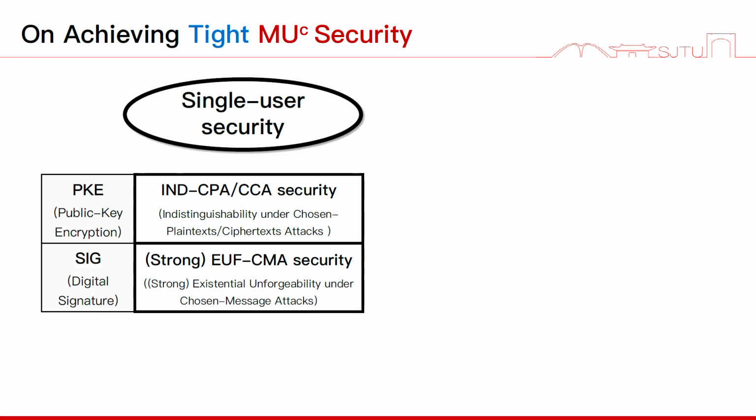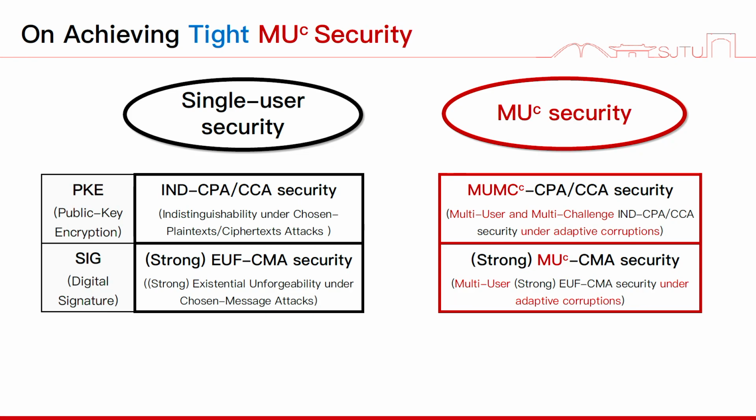And for signature schemes, we consider the strong EUF-CMA security. Their MUC security counterparts consider multiple users, multiple challenge ciphertexts, and multiple signatures, and are denoted by the MU-MCC-CPA and CCA security for PKE, and strong MUC-CMA security for signature schemes.